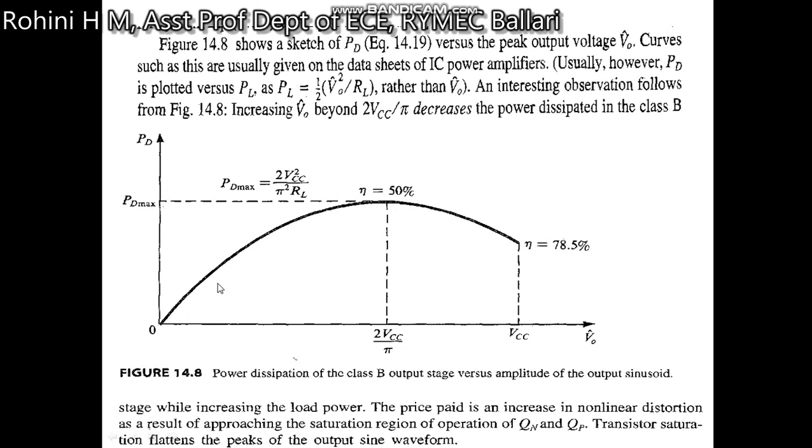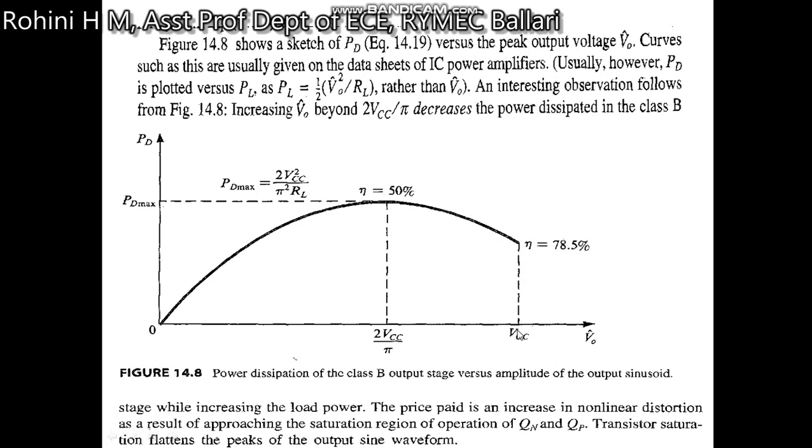This shows the sketch of power dissipation of the class B output stage versus the amplitude of the output sinusoid. As the output voltage increases from 0, the power dissipation also increases until the value 2 VCC by pi, after which, as the output value increases further, the power dissipation decreases. Here the efficiency eta is 50% and PD maximum is given by this expression.